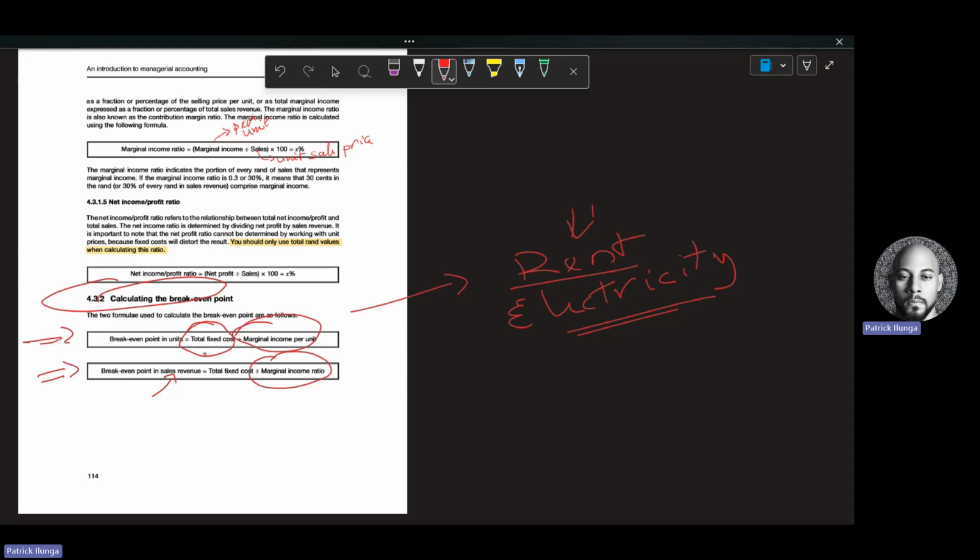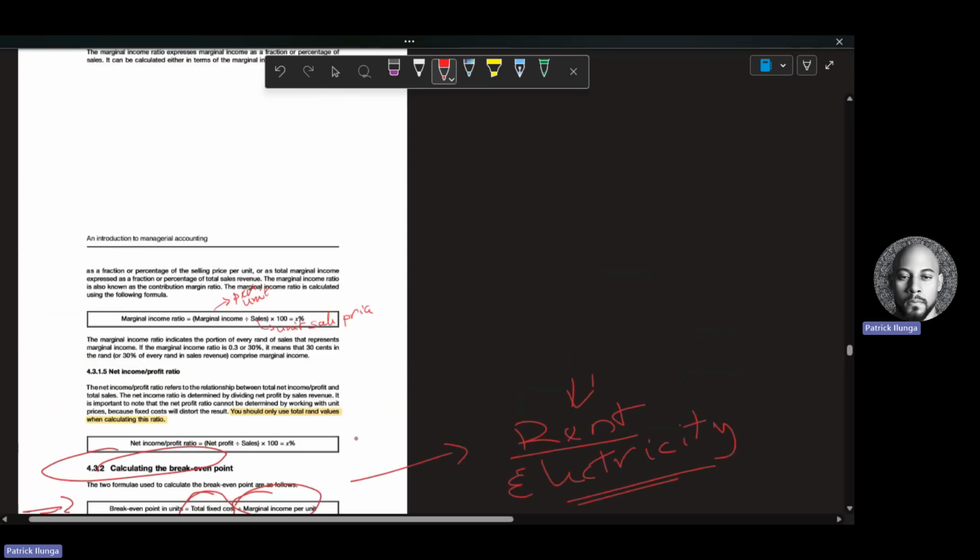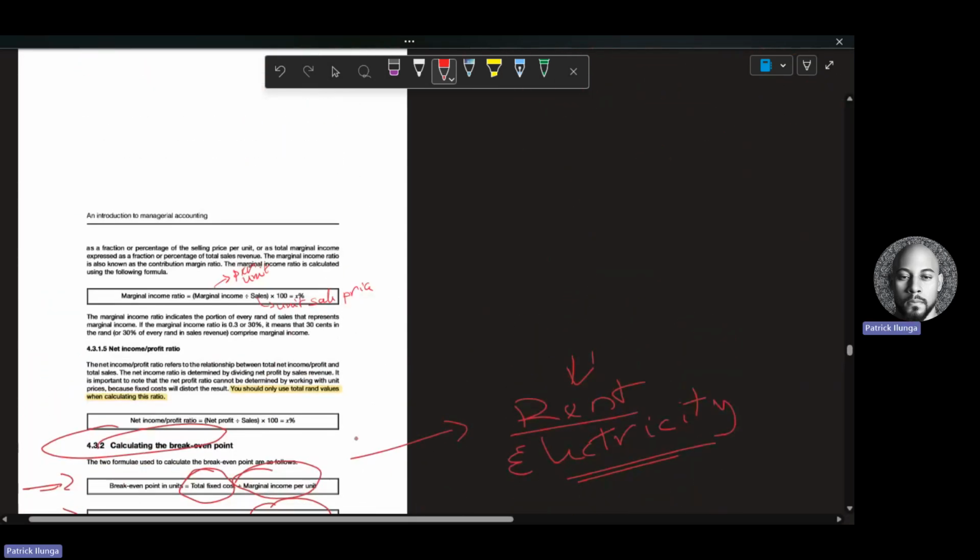Everything that is your fixed cost needs to be paid whether you are making sales or not, whether you are actually doing any sales. So you still need to pay your rent and electricity. For example, for your rent, the landlord will not give you a break just because you decided not to sell your product.